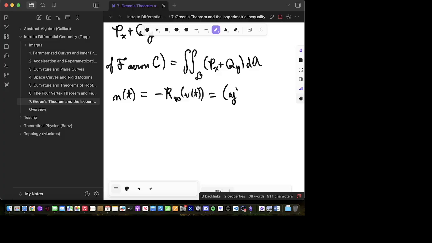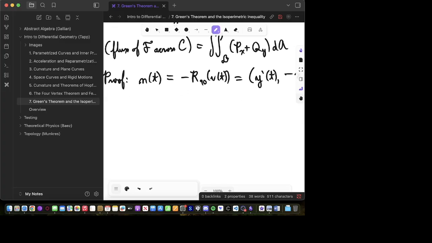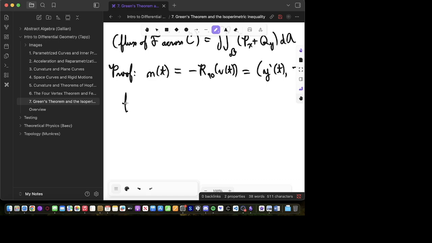So the normal vector we parametrize as y prime, negative x prime. So the flux we have defined as the integral of the inner product of F of gamma of t with the unit normal dt.